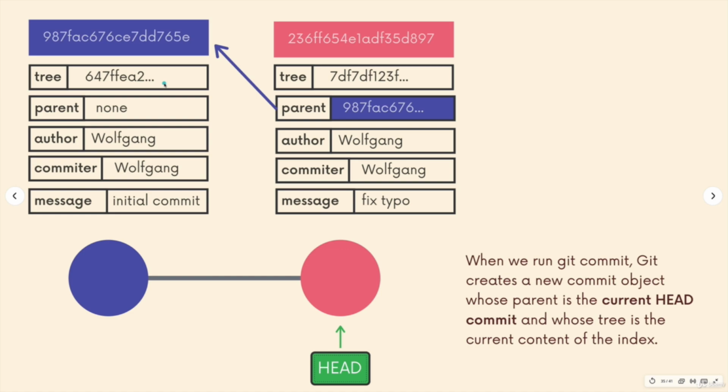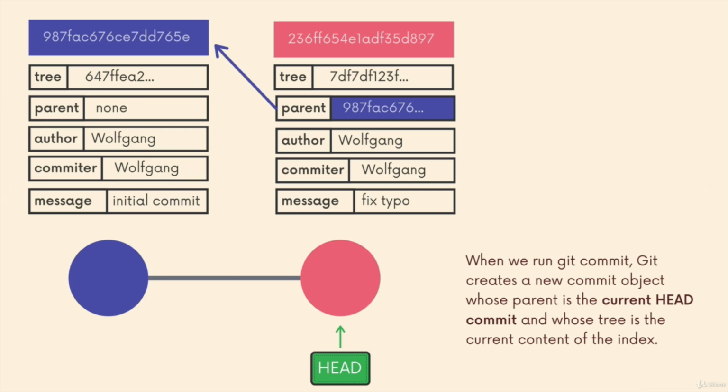When we run git commit, Git creates this new commit object for us, and it sets the parent to be the current head commit, so that makes sense probably, right? If we make a new commit, it's going to have the parent of our current head. So it would go over here and point back to this one. But also the tree that it stores in this commit.